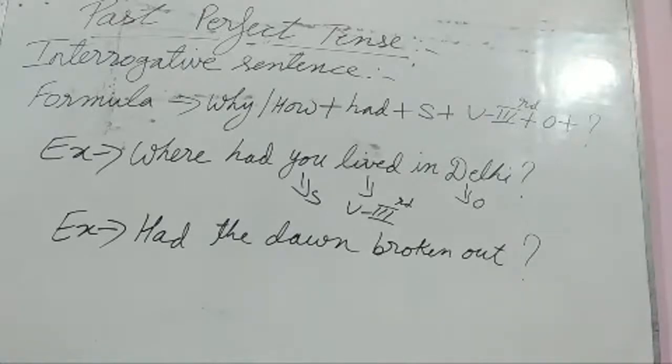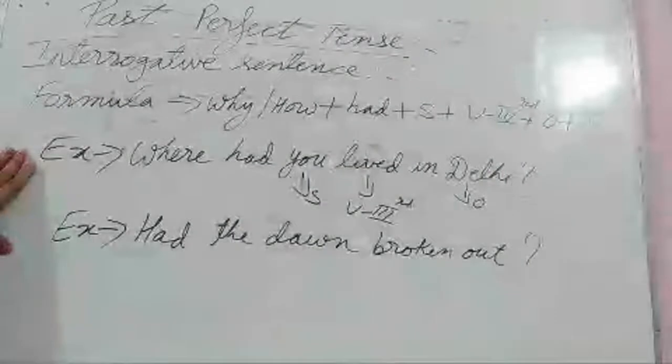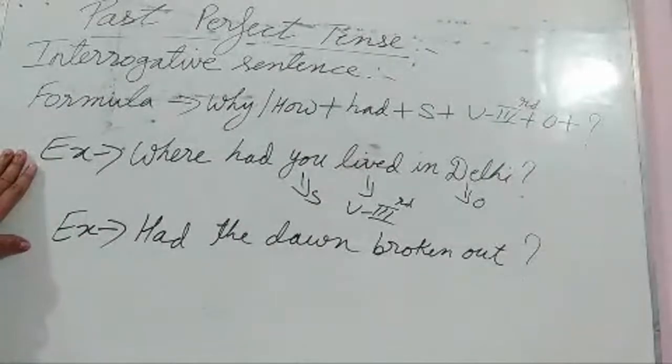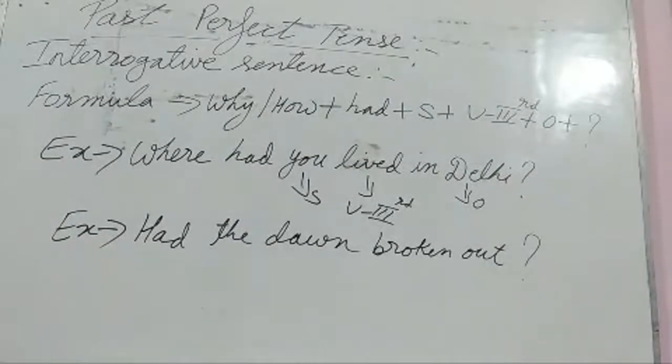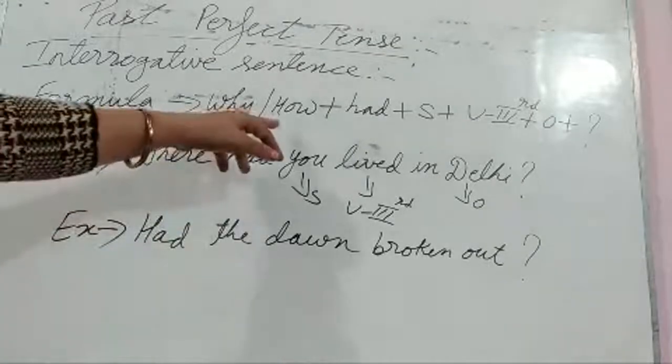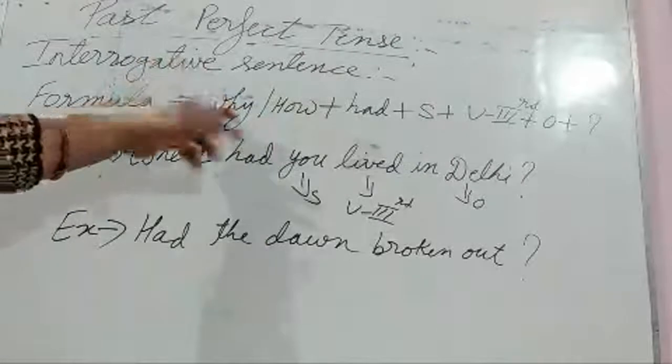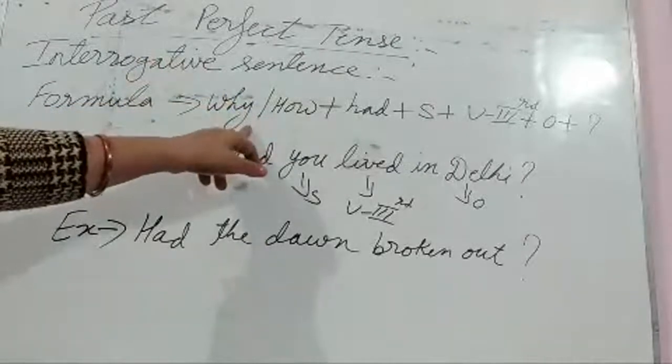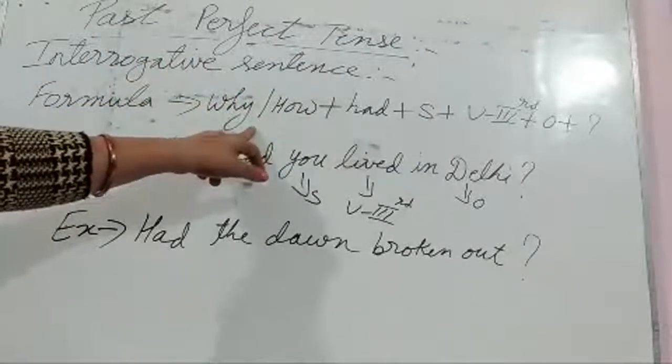Here you can see two examples given related to the interrogative sentence of the past perfect tense. The formula for it is why or how. It can be where also. So why, where, how, when can be used.